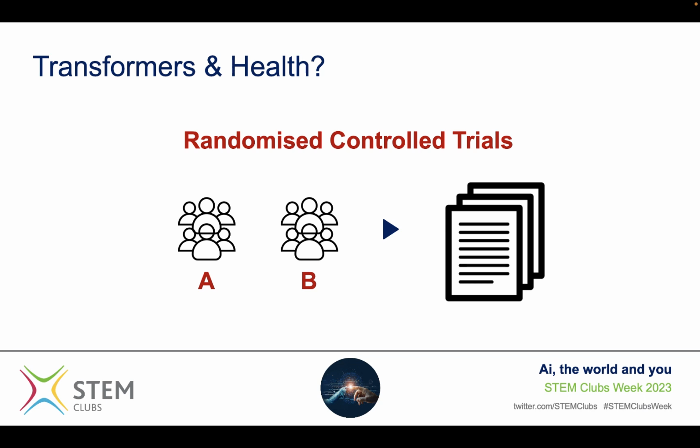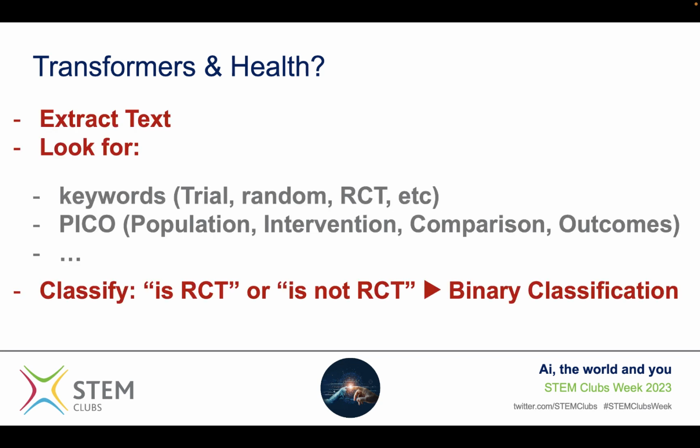This design helps researchers compare the effects of the intervention objectively, and it determines its effectiveness by minimizing biases or confounding factors. So those studies will be commenced by medical researchers, and then the results will be written up in a medical publication, a medical document, as we've seen earlier. And that would then be indexed in those databases.